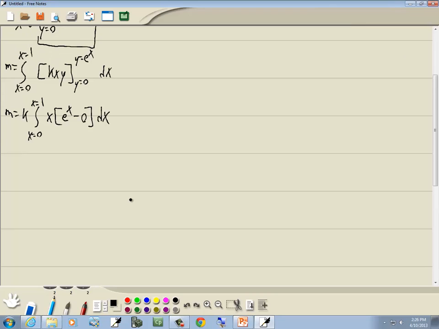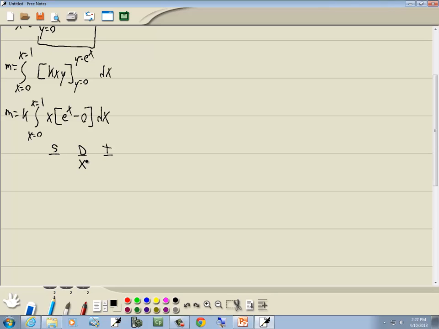And, not sure if I have room. Okay, let me put it right below here. This is integration by parts. And we get x e to the x. So the d column will contain our x.